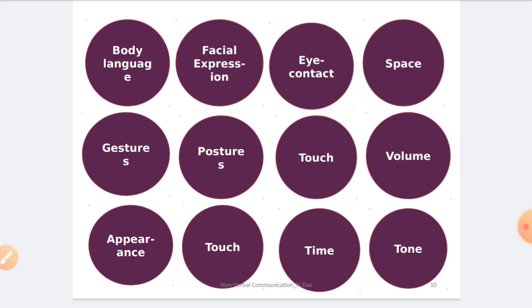So there are so many dimensions of non-verbal communication. Dear students, I hope this video lesson helps you to some extent in understanding the concept of non-verbal communication, as well as the different forms of non-verbal communication.